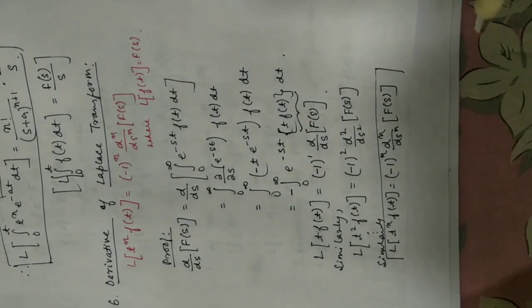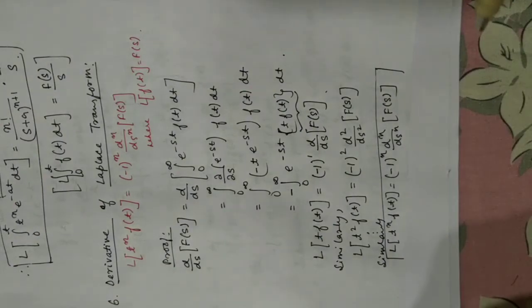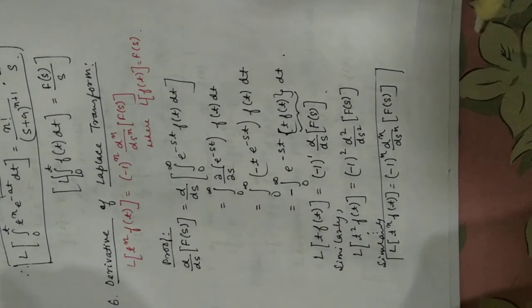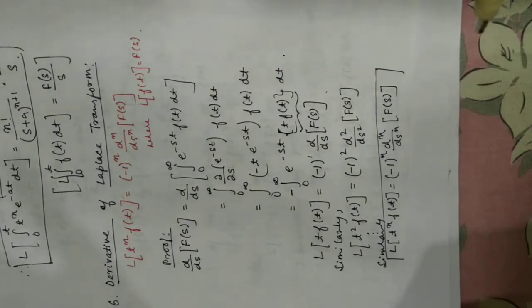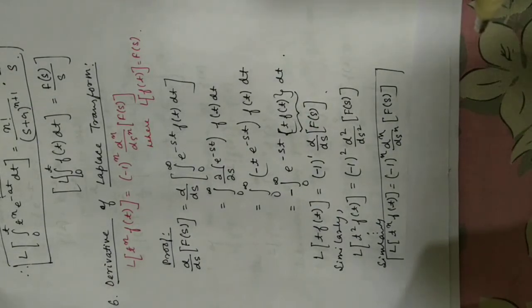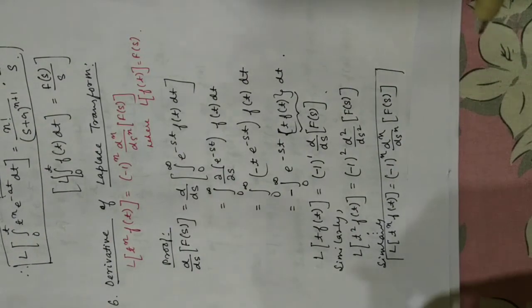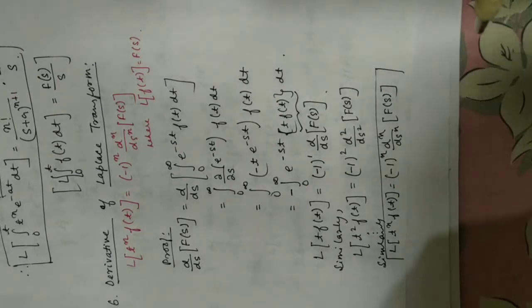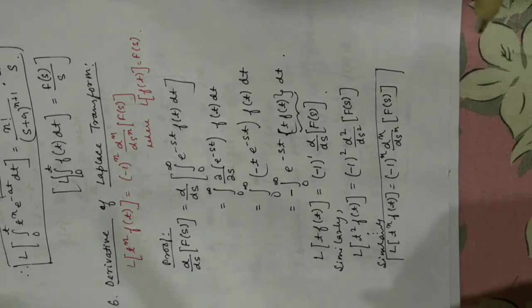So we have already seen from the shifting theorem that if we know the Laplace transform of a function, we automatically know the Laplace transform of the function multiplied by e to the power at, right? Nothing changes, just that the transform, which was first a function of s, that is F(s), gets transformed into F(s minus a).